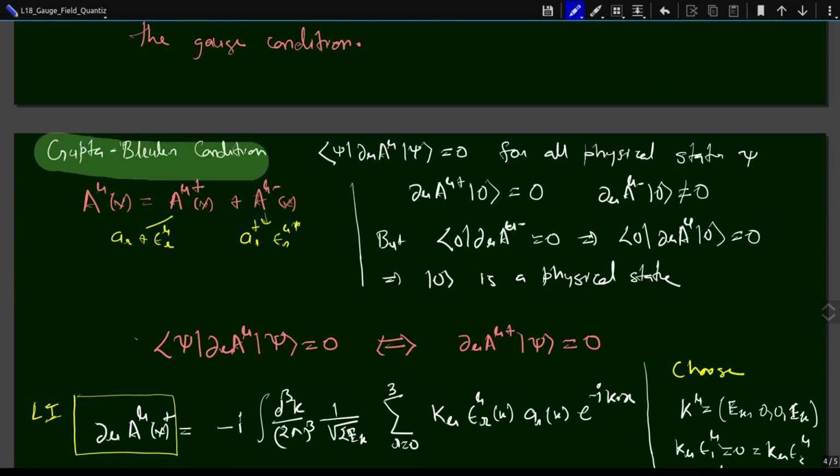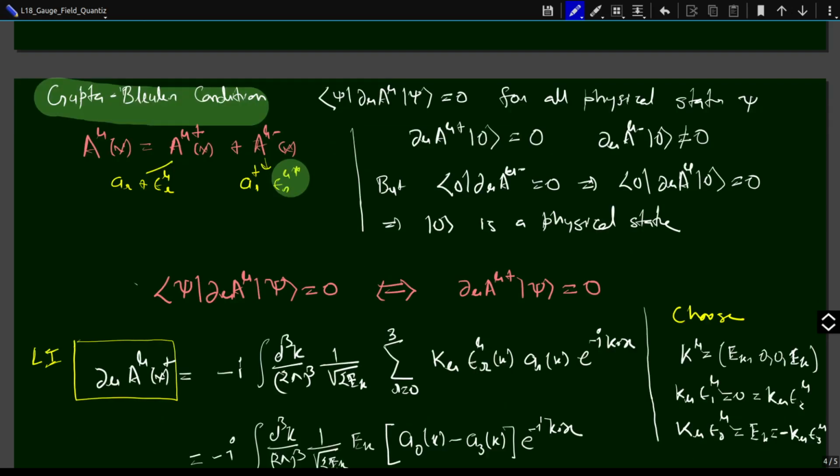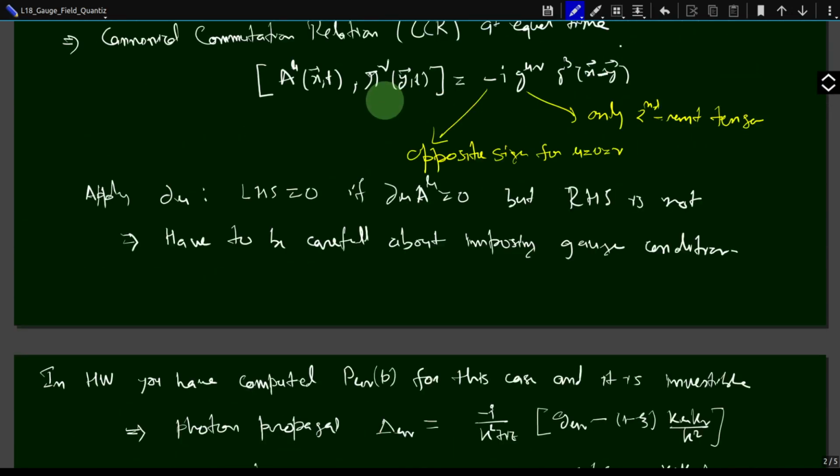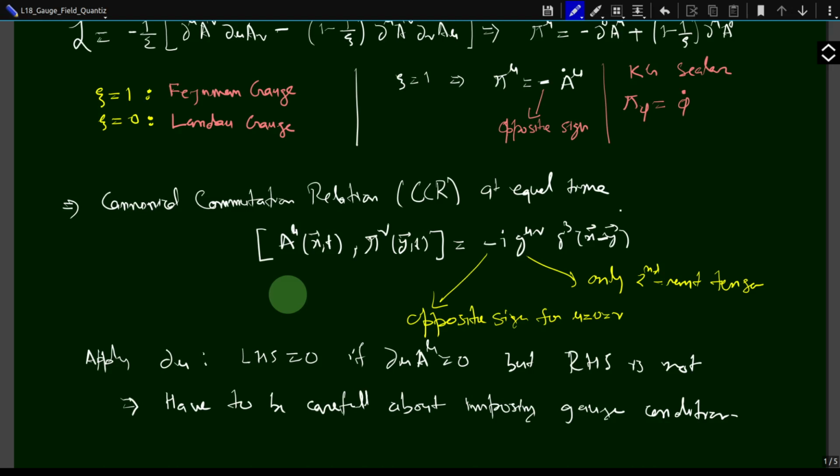Hopefully this cancellation should happen, and the gauge condition does exactly that. This is called the Gupta-Bleuler condition. What it says is that instead of saying that del mu A mu equal to 0, you say that the matrix element of del mu A mu is equal to 0. That I can demand. I could not have demanded del mu A mu equal to 0, because that would say the CCR is not compatible, since the left hand side is 0 and the right hand side is not.